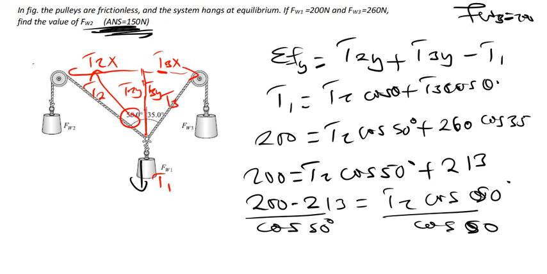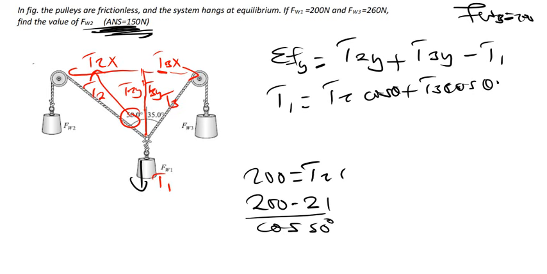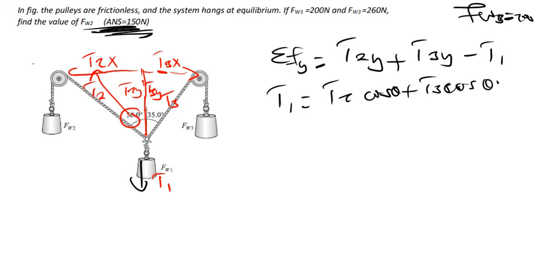Let me restart from this point here. We said Ty is going to be cos because of the adjacent in this case. So for T2y the angle is 50, and for T3 the angle is 35.